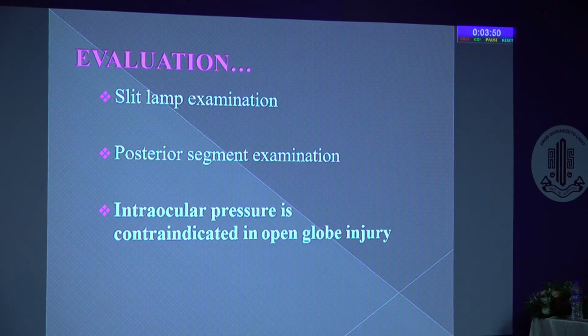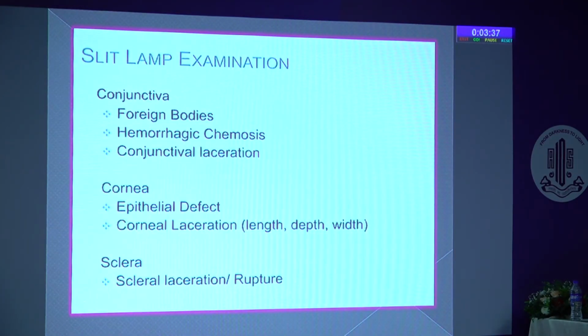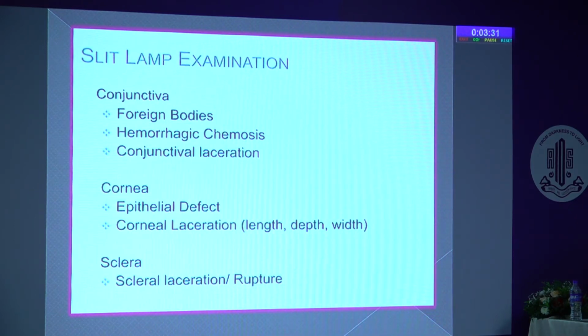Now coming to the individual evaluation, before going to management in brief, whatever is possible, do with the torchlight assisted with the slit lamp examination. And in slit lamp examination, we have to look at each and every point: even in the conjunctiva, foreign body, hemorrhage, laceration, corneal defect.